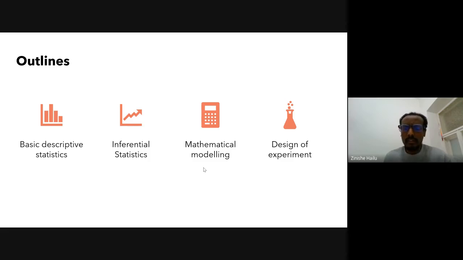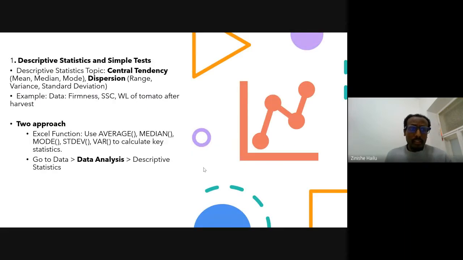Next we will see more advanced mathematical modeling. At the end, we will also see the design of experiments, especially the factorial parts. We will focus more on the practical side.